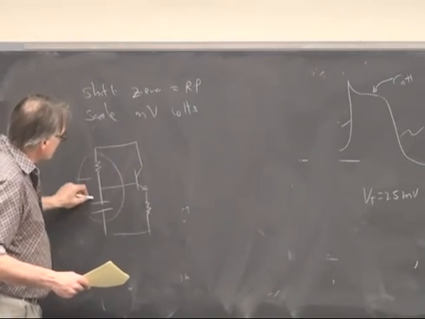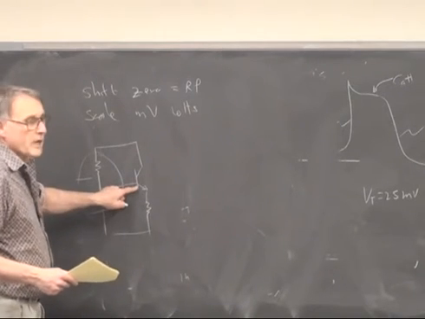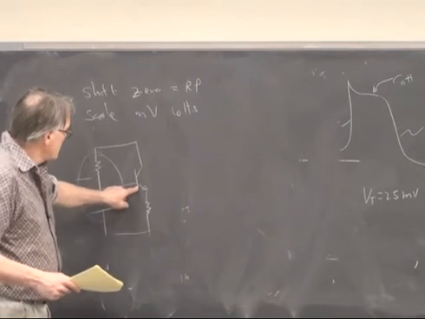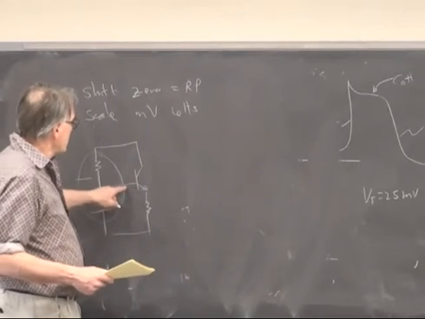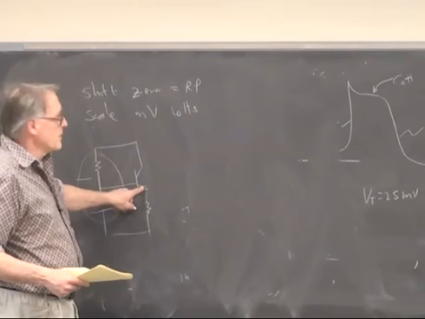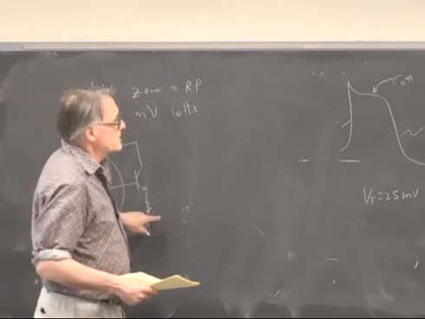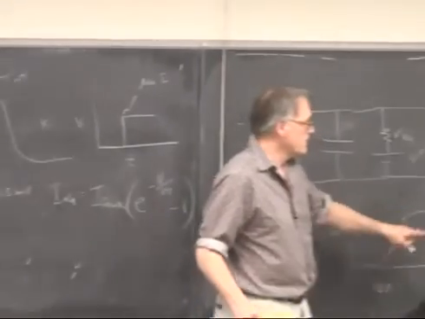This time constant is going to determine the turn-on rate of the transistor. And so as we charge up exponentially here, we can delay the turn-on time of the transistor. And this resistor sets the maximum current through the transistor.